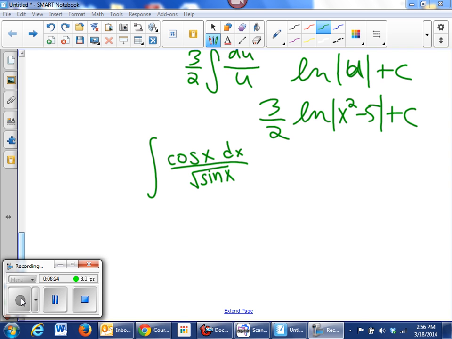First you set up what u is, which is sine x. Next, you take the derivative of that, which is cosine x. When you put that into the problem, it's the integral of du over the square root of u.